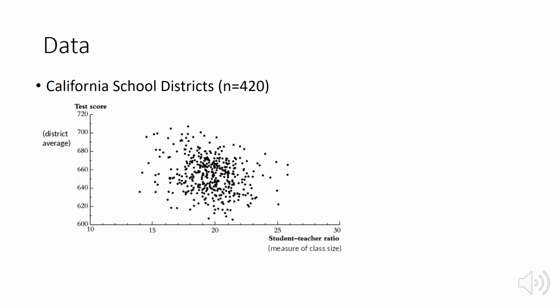Does it look like test scores are going up or down with class size? Not by that much. It's hard to tell. It's a really noisy measure. We've got some big classes that are scoring pretty well on tests. We've got some small classes that are scoring pretty poorly on tests. There's a lot of stuff going on.